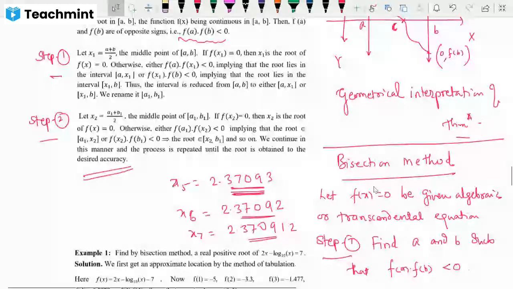Otherwise, you will continue this. You have to continue this method up to 4, 5, or 6 iterations, depending on which accuracy you have been asked for. Afterwards, in the problems, we'll see all these things. So next, we'll solve some problems.